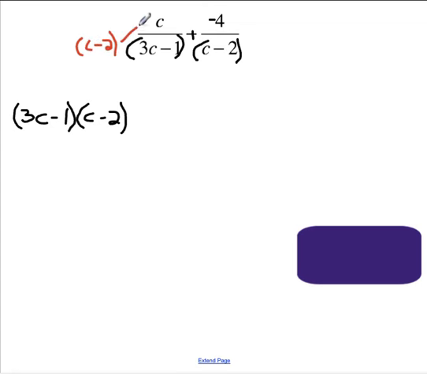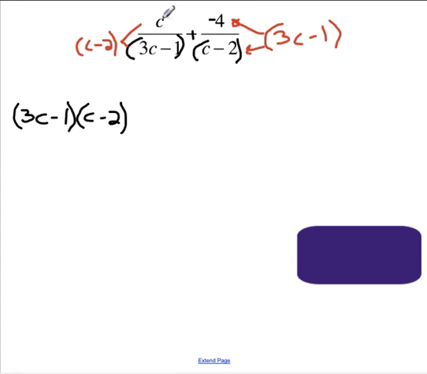And on this side, I have to multiply the numerator and denominator by the part that's missing, 3c minus 1.